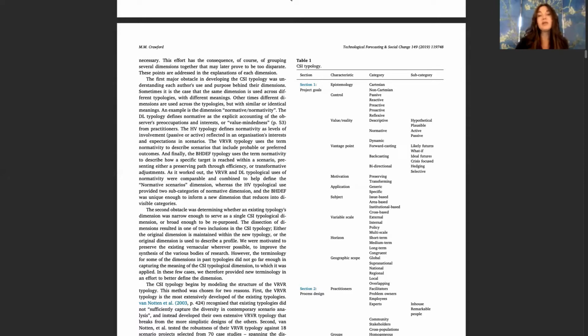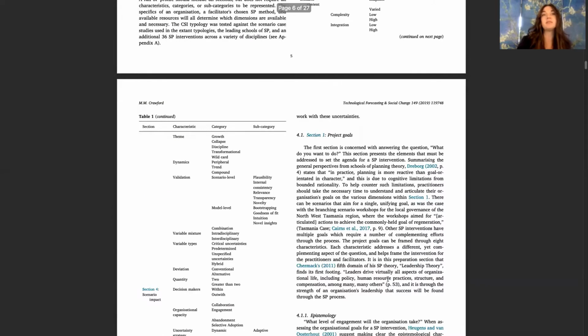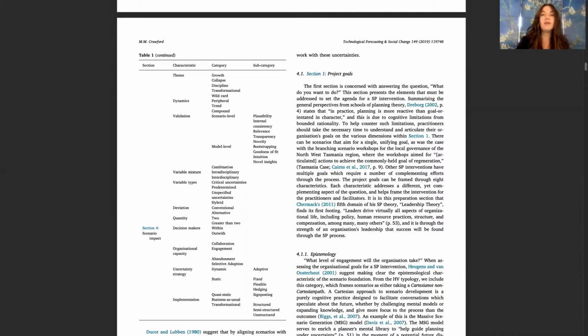And then one key dimension I realized was missing was what eventually became section 4 here. This was the scenario impact. People talk about the issues of scenario work not being implemented, the lack of understanding of the outcomes of the work.